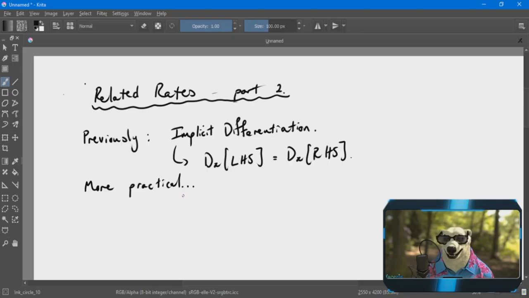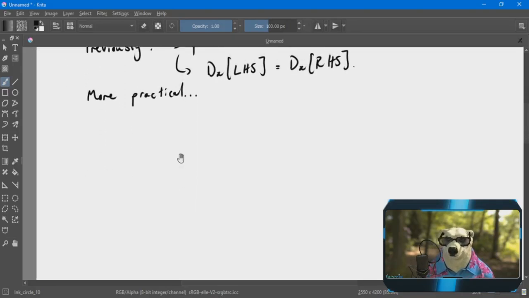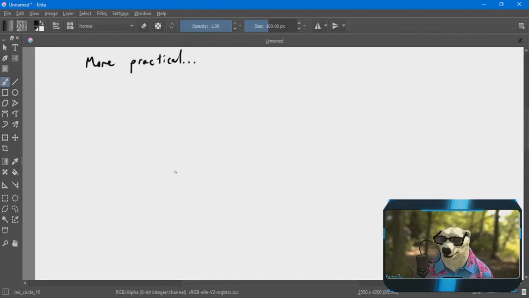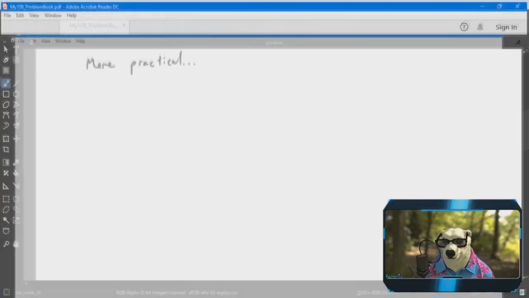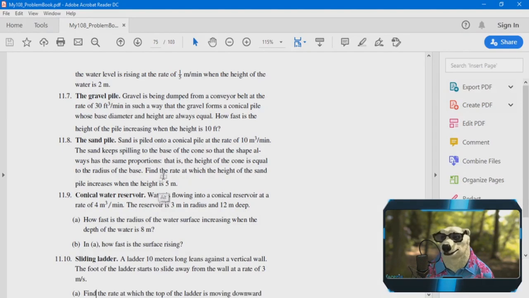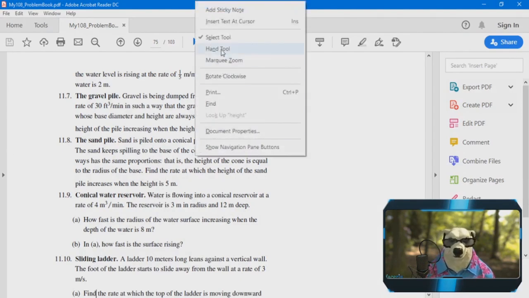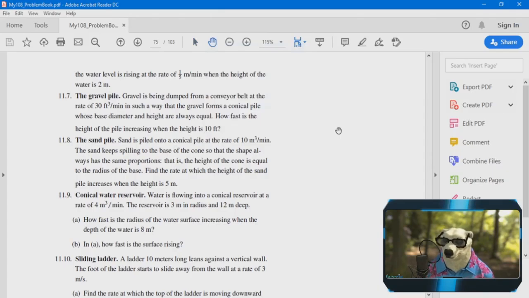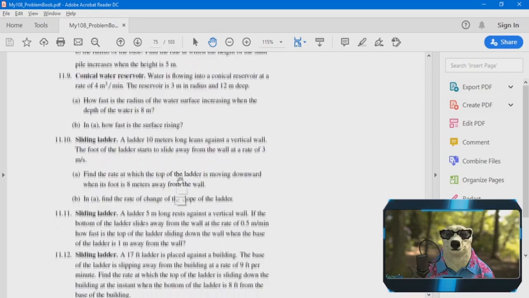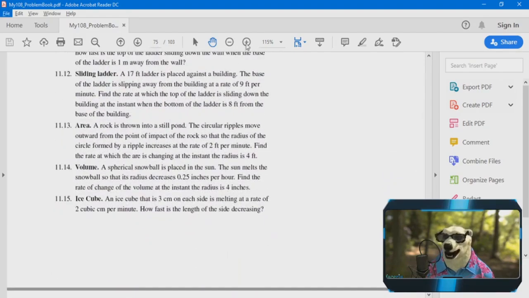something a little bit more practical. We can look at our problem book and we have some questions here that we can do. The first one I wanted to do was the classic 11.13.